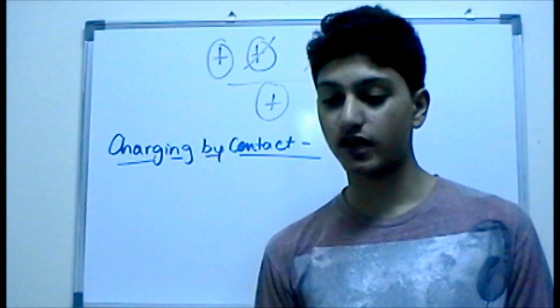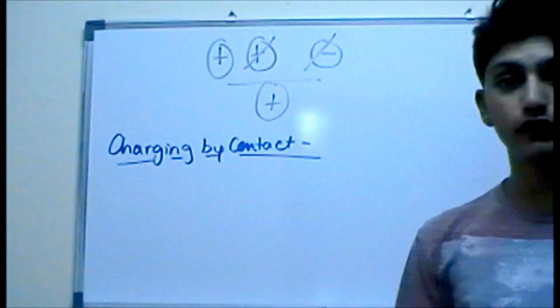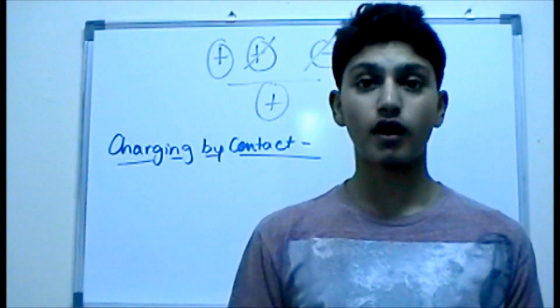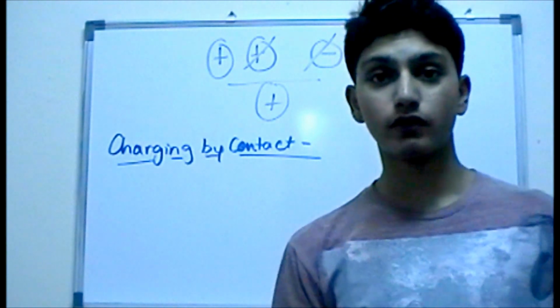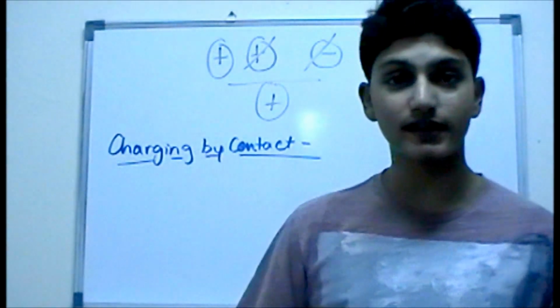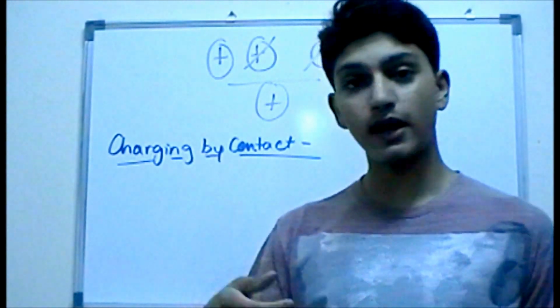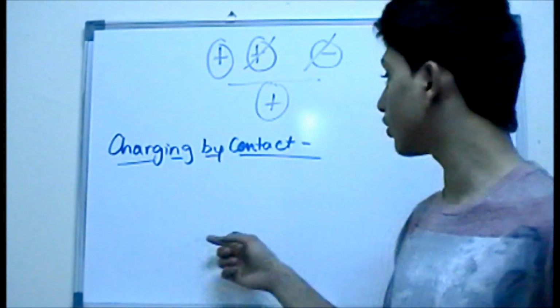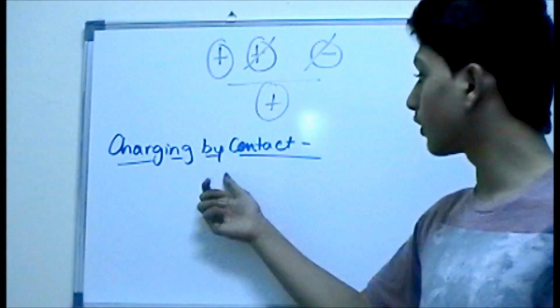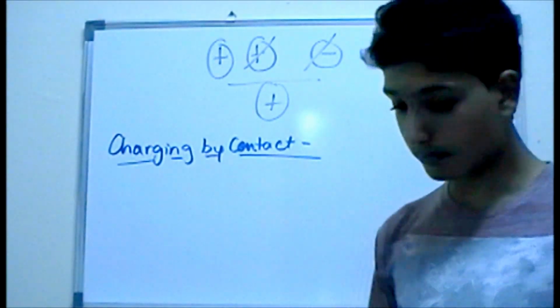If you have fur and you rub the metal, you will feel a shock. When you feel the shock, you are rubbing the metal against that fur, so all you are doing is charging the metal by contact. That is basically what it means.